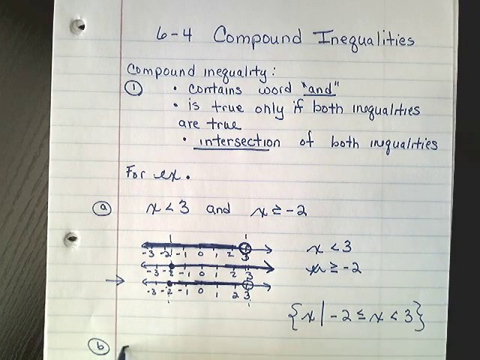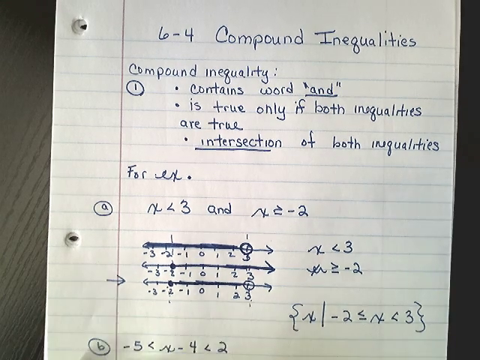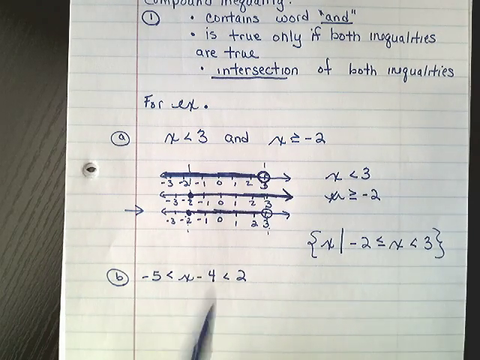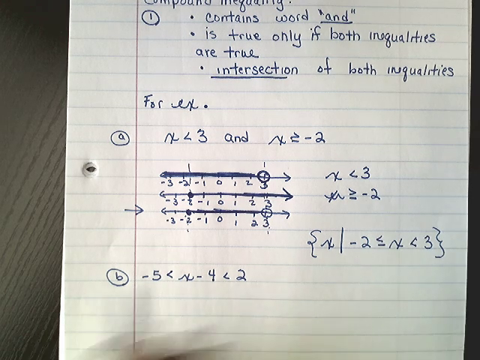So let's see if we have to pull this one apart. So this would be negative 5 is less than x minus 4, which is less than 2. Now this x minus 4 in the middle is not a single variable as it is here. It is an expression. So we need to break it apart first and solve it that way.